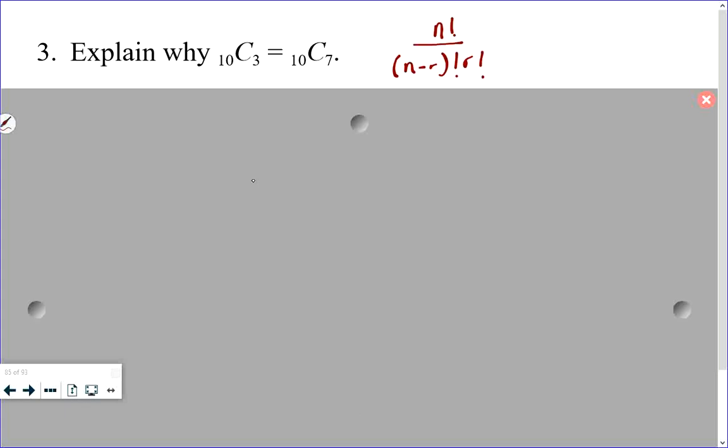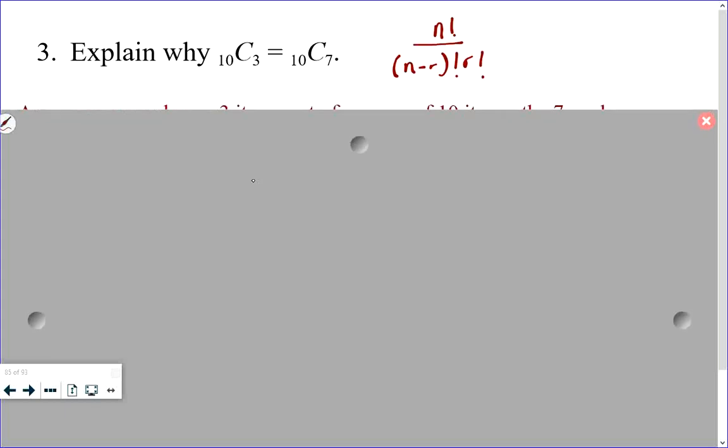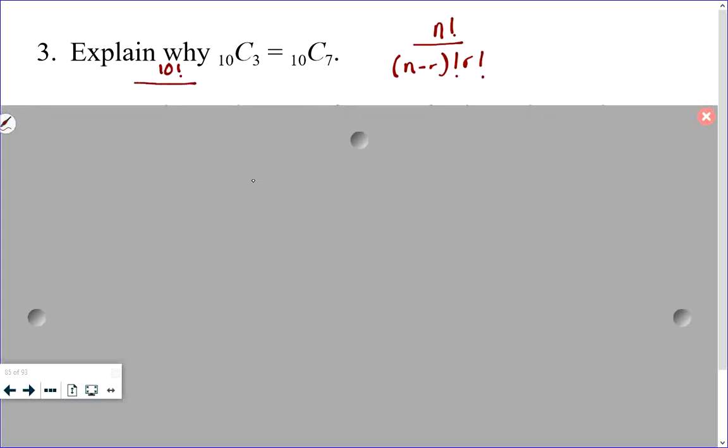If you apply it to 10 choose 3, then you have 10 factorial over 10 minus 3 factorial, 3 factorial. If you apply it to 10 choose 7, you get 10 factorial over 10 minus 7 factorial, 3 factorial. So there's a mathematical approach to a justification of why you get the same number.